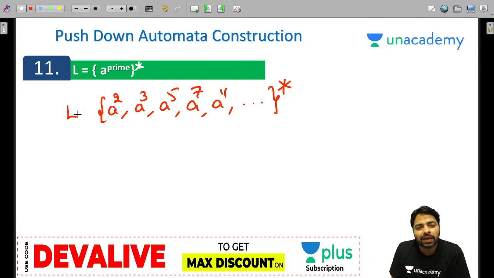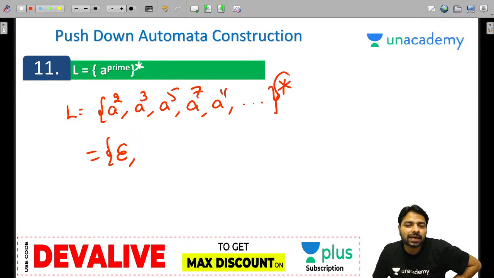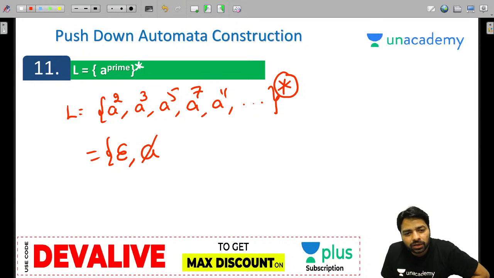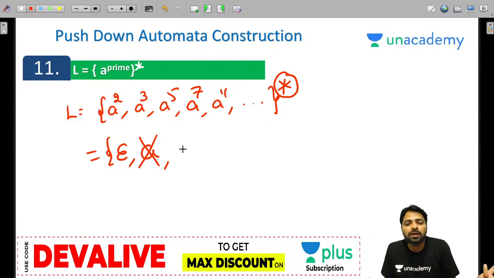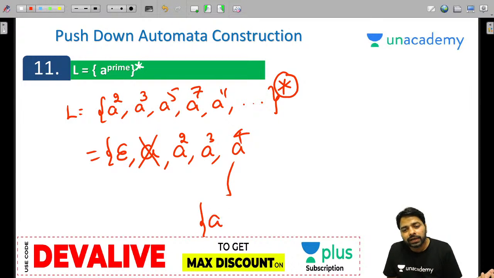That is the meaning of L. Now, do you get epsilon? Yes, because power 0 is there. Do you get a single A? You can't, because inside there is no single A. But A power 2? Yes. A power 3? Yes. But A power 4, how do you get? You can take A power 2, two times.